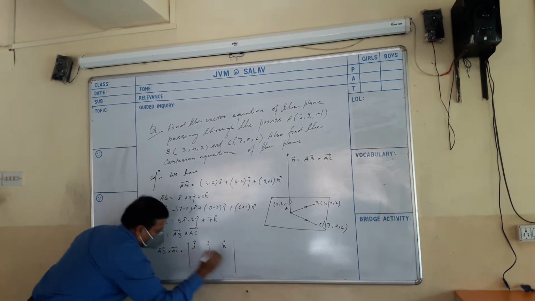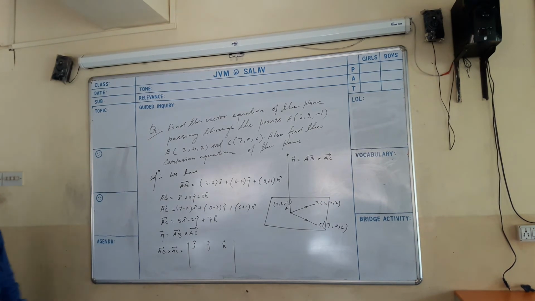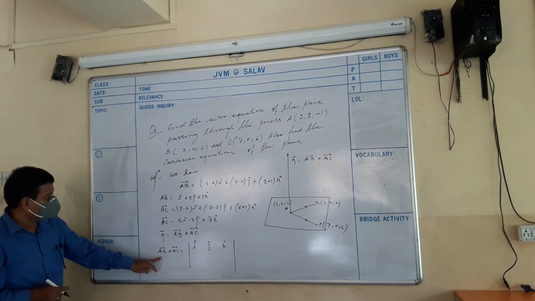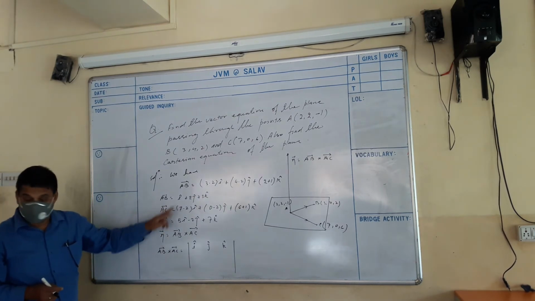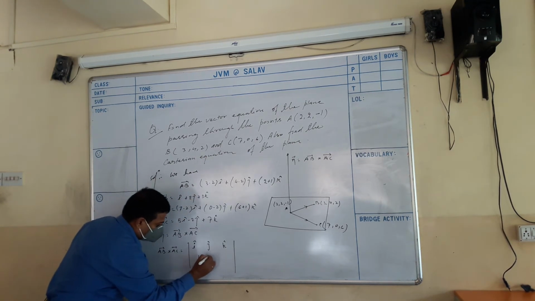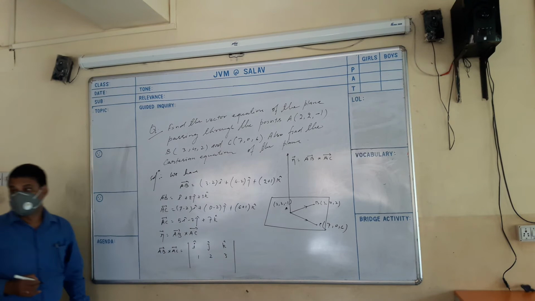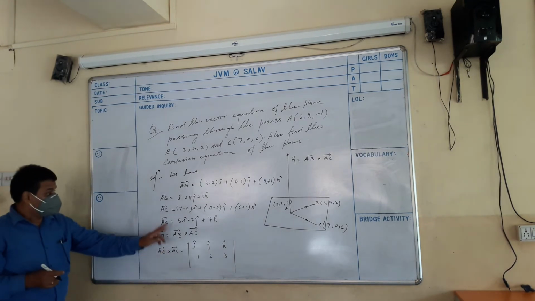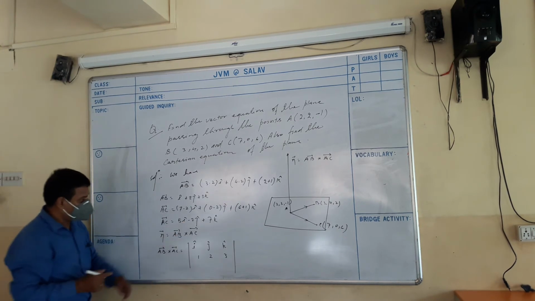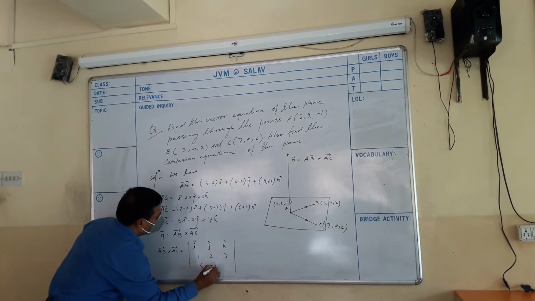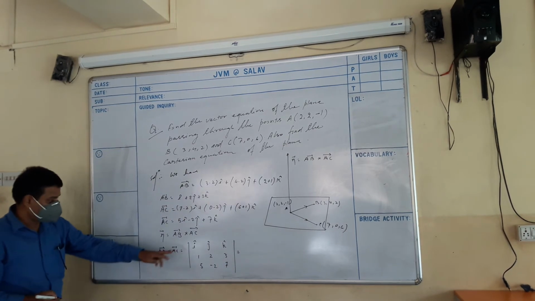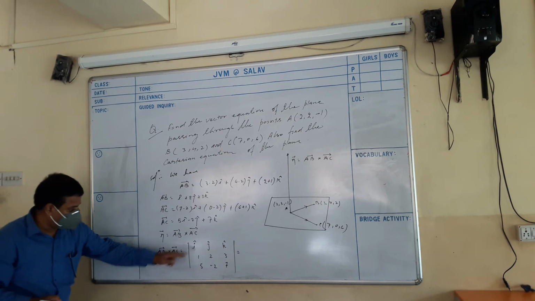The scalar components of AB are 1, 2, 3. Vector AC has components 5, minus 2, 7. Now find out vector AB cross AC.